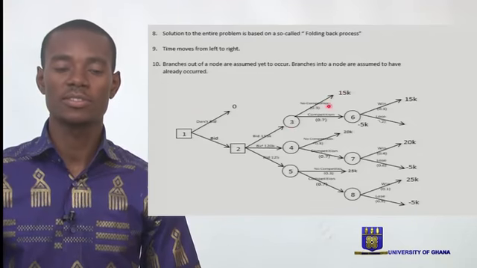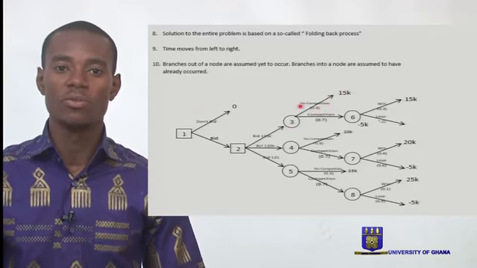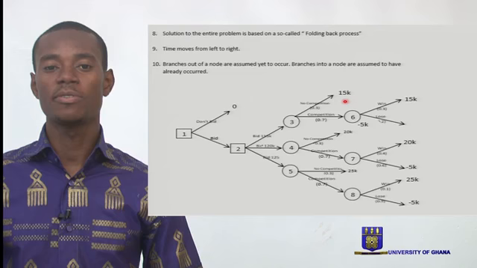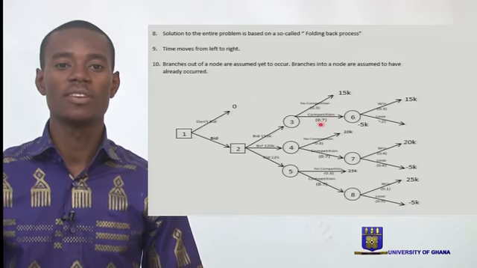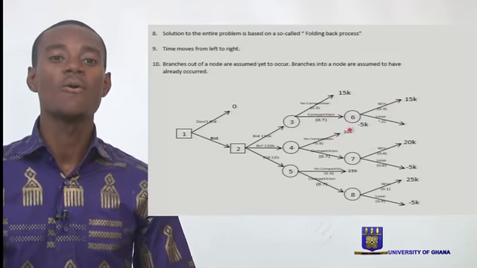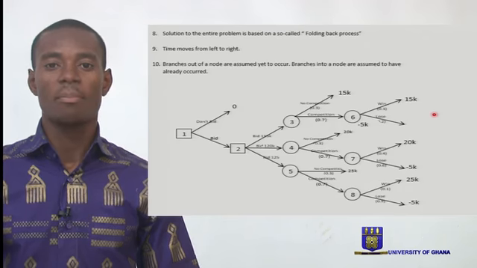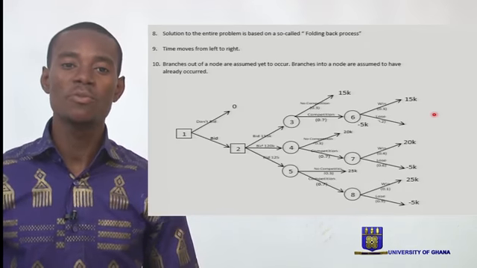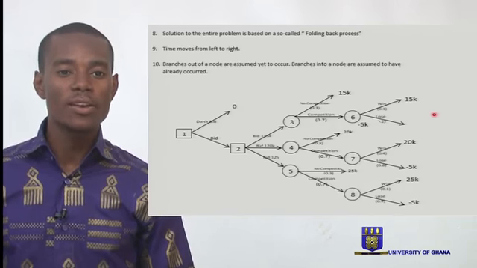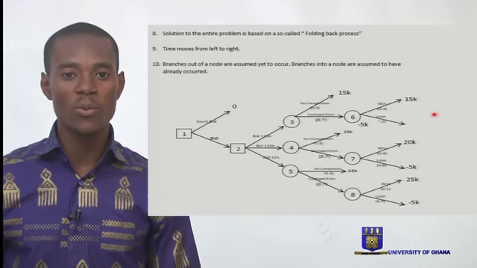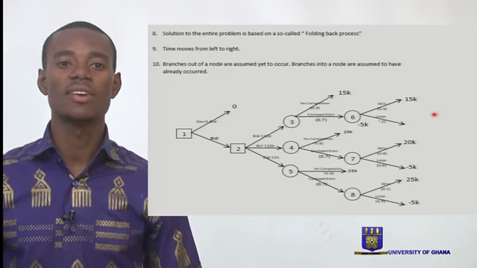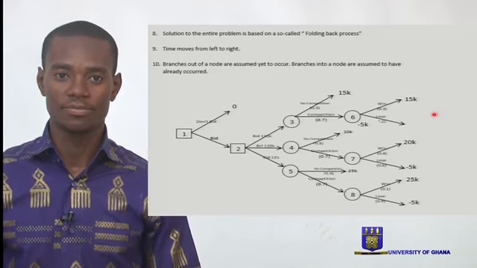So here in this case, for instance, the probability is here, the event is stated here, and then the monetary value, 15K here representing 15,000, and 0.7 here, going in that order, right? So basically, this is how the decision tree looks. But the only thing is how you are able to read and understand the business problem: when you are supposed to use a square node and when you are supposed to use a circle node.